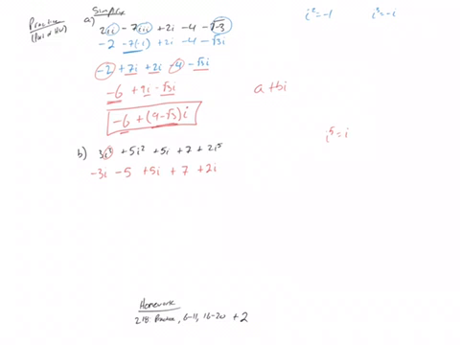Now let's combine the real parts. -5 plus 7 is going to give me 2. Combine the imaginary parts. -3i plus 5i would be 2i, plus 2 more is going to give me 4i, plus 4i. And this is written in complex number form.